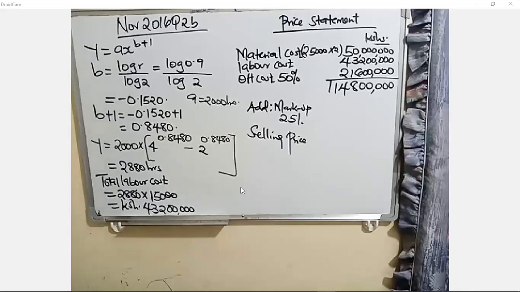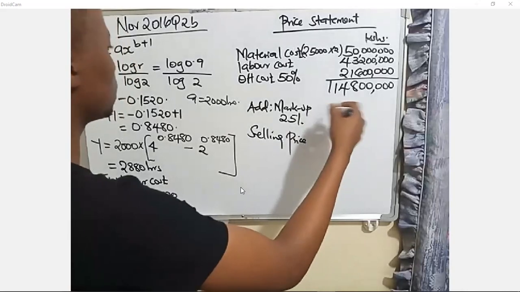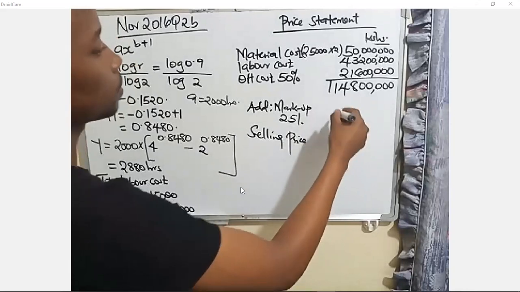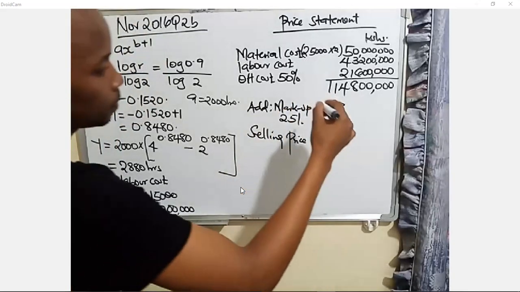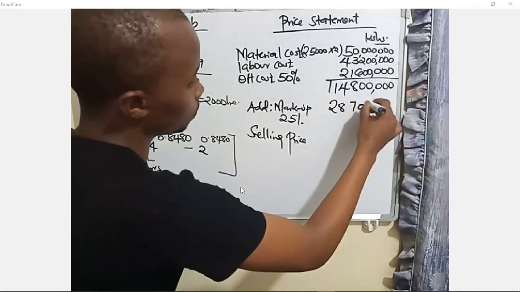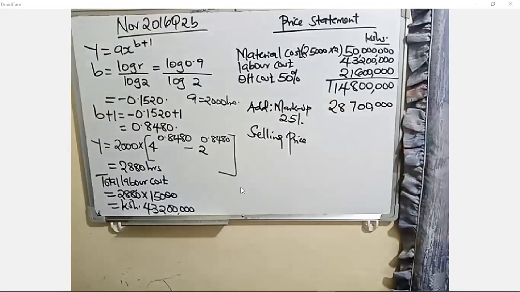How much is this? 28,700,000. Is it okay?